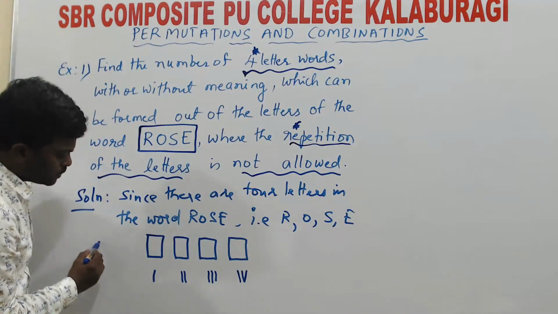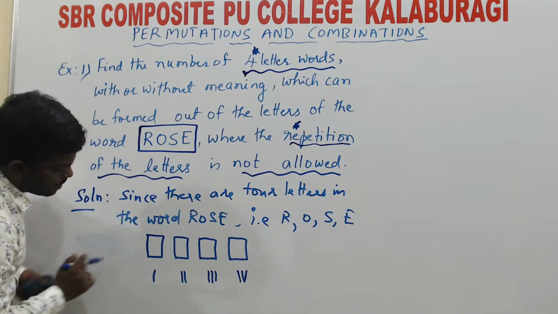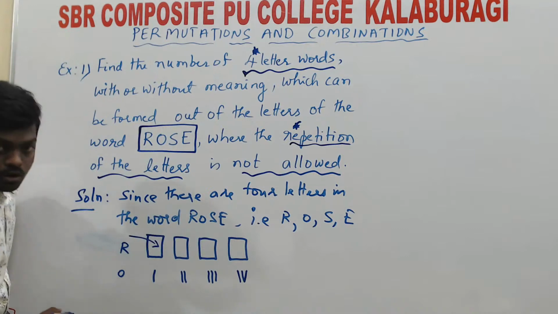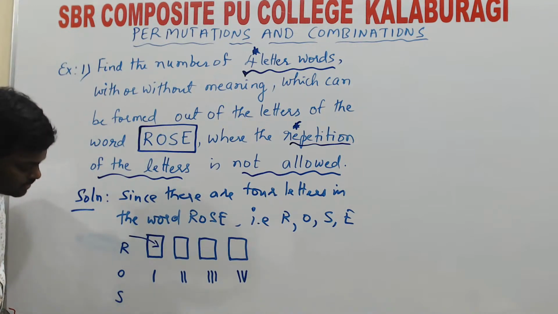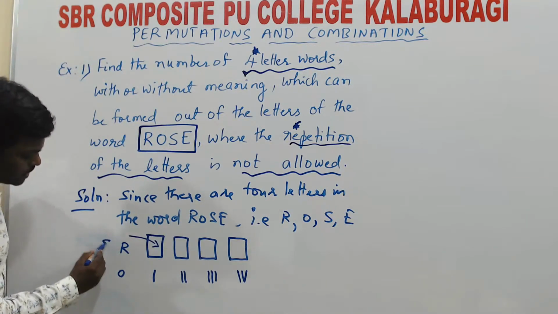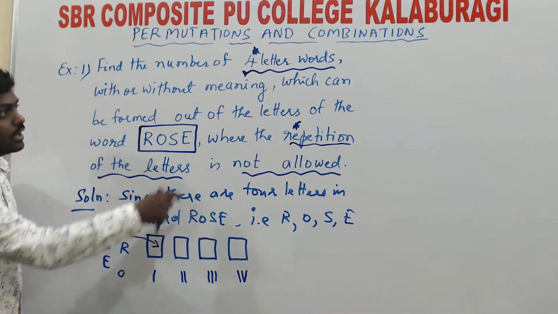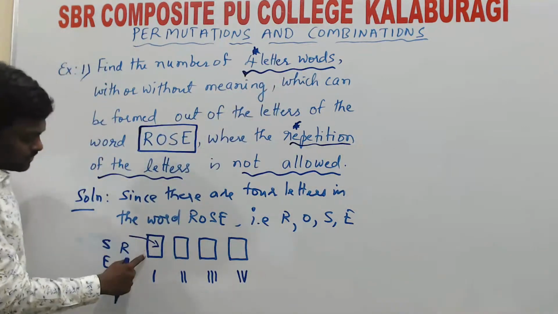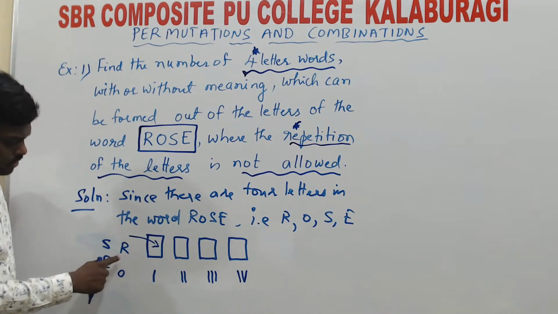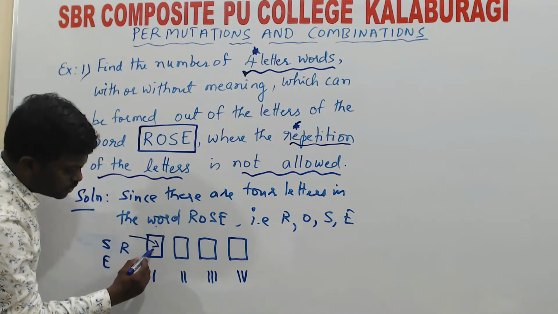So in the first box we can drop either R, or O, or S, or E. In the formation of the four-letter word, the first letter we can fill with R or O or S or E. So how many options do we have here?